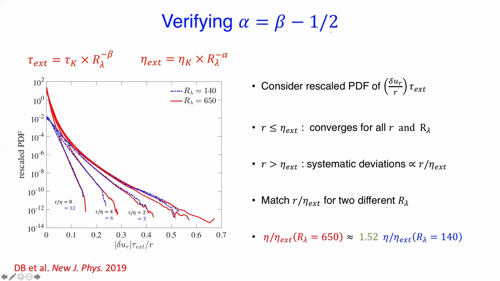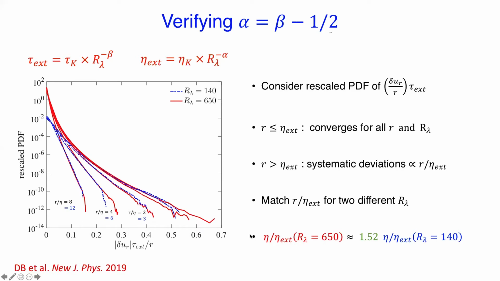So for the range of Reynolds number that I utilized here, the ratio of eta over eta x for R lambda 650 is essentially approximately 1.5 times the eta over eta x of R lambda 140.